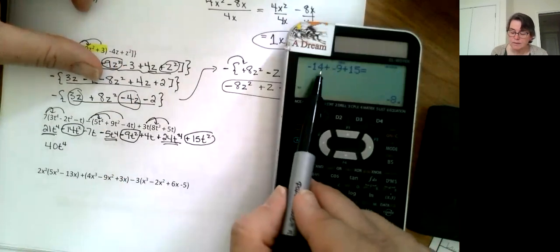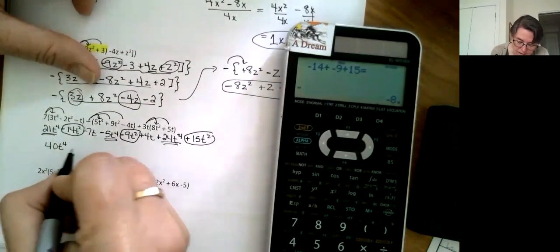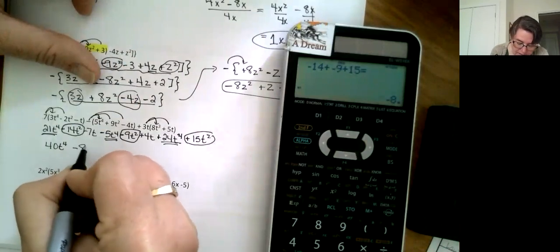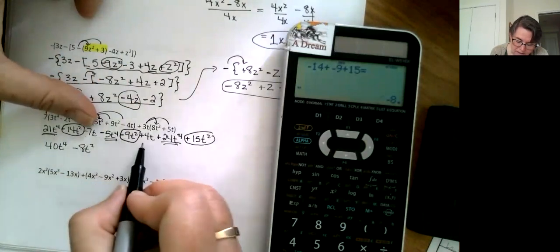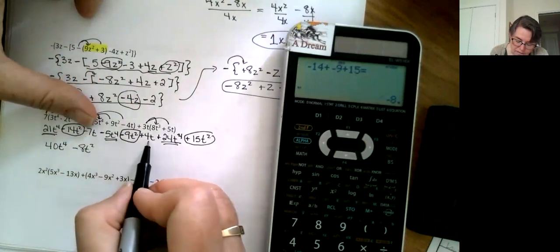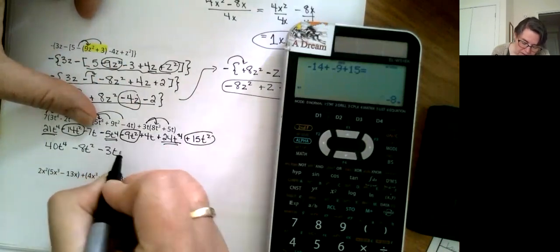You could have, instead of doing that plus minus 9, just subtracted 9, but I want to try and keep it consistent. Minus 8t squared. Now I've got minus 7t and 4t, so that's going to be minus 3t.